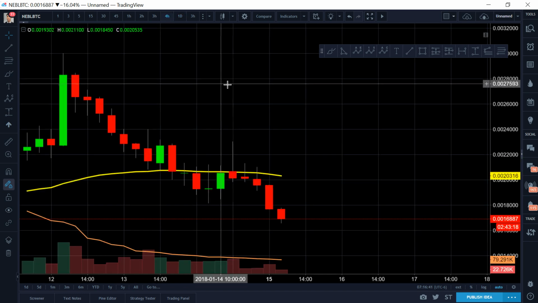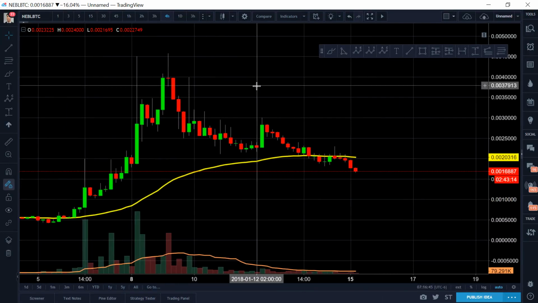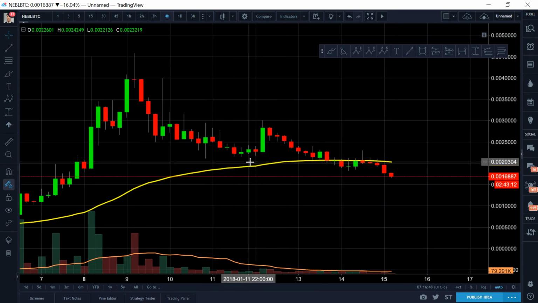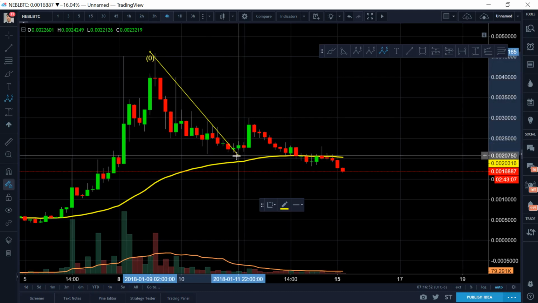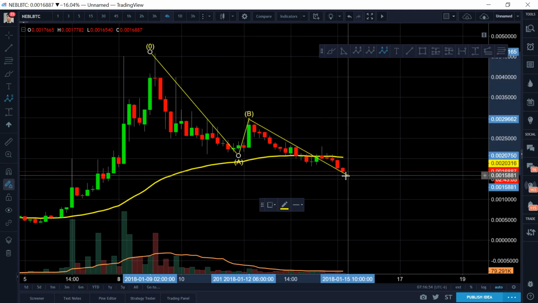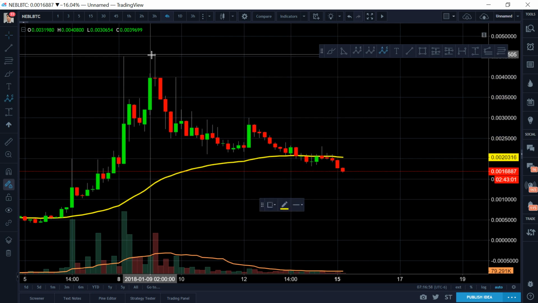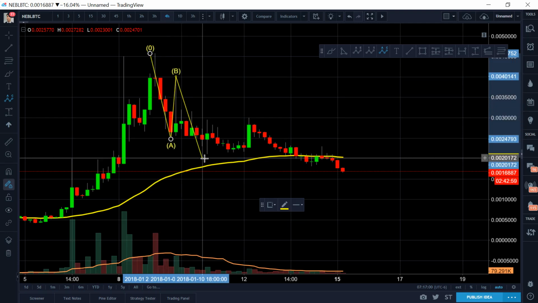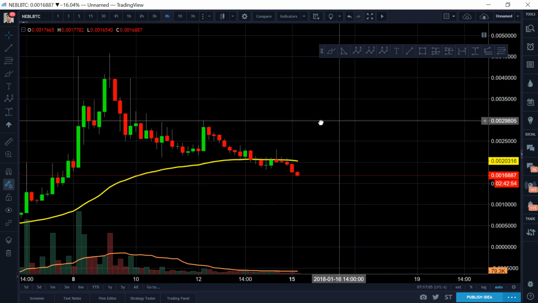So if we go into a lower time frame here, a 4-hour chart, we see different variations of this, and this could very well be an ABC like that, okay? What if this was an ABC right here? So there are different annotations that can be made.